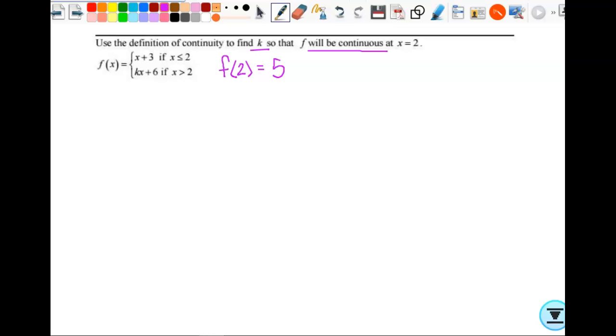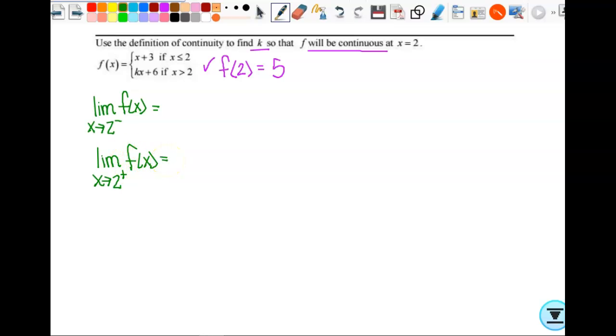Okay. So that exists. Check. So then I'm going to do the limit of f of x as x approaches 2 from the left, and the limit as x approaches 2 from the right of f of x.